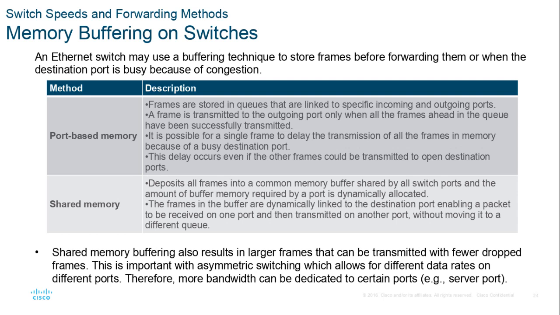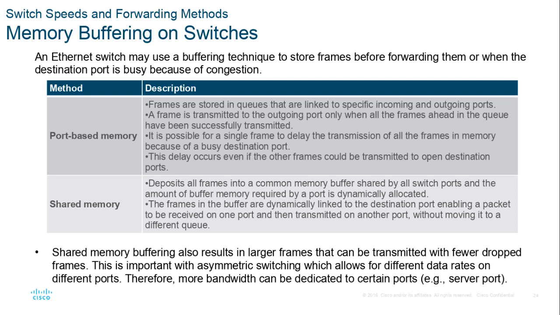For example, what if 20 people are trying to log into the server at the same time? On a hub, that would be lost. There would be collisions. But on a switch, the memory buffers will hold them. The guy on port 1 gets in first, his data is forwarded first, and the guys on ports 2 through 19 are held in memory buffers and released one at a time, and the server will eventually log everybody in.